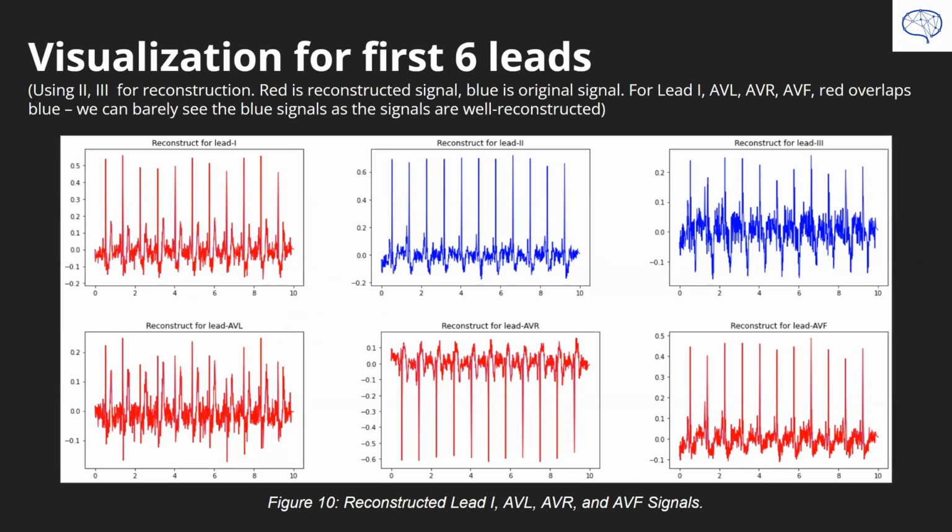As we mentioned before, we used the linear relation to reconstruct the first 6, so it ended up having a really perfect reconstruction, shown by the red lines almost perfectly matching the blue lines, as you cannot see any blue on the images.